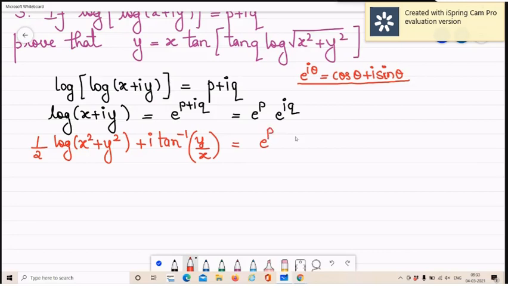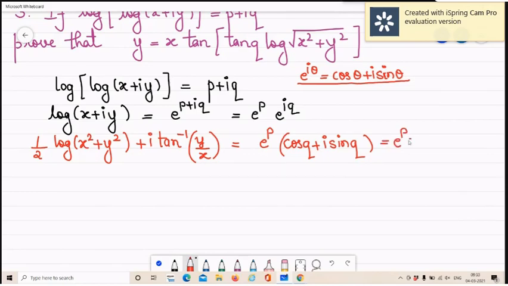This will be e raised to p, and e raised to iq is cos q plus i sin q. So I am multiplying e raised to p inside.